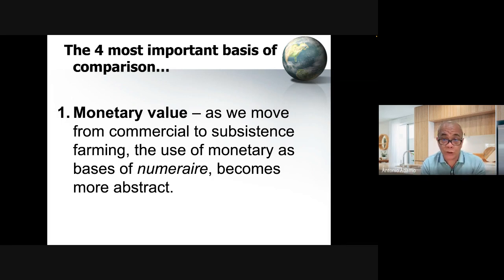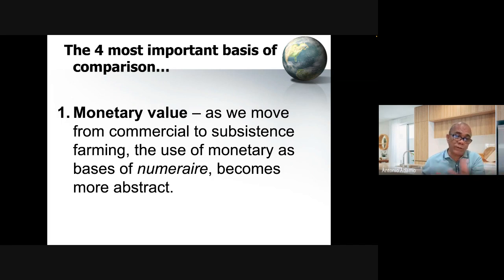But if it is subsistence, kitchen oriented, monetary value is difficult to compare, because what is nutritious or good for one family might not be good for another family. We need to find another basis. The use of monetary value becomes more abstract as we move from commercial to subsistence farming.